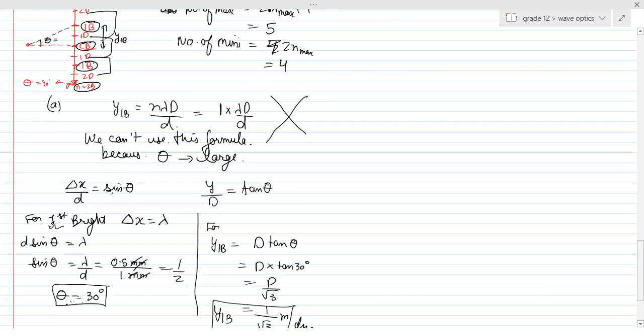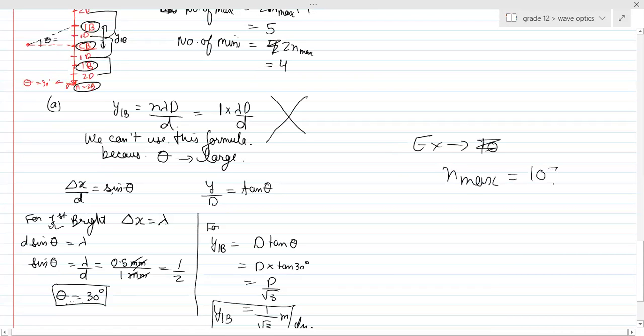See, if n max is 107.69, suppose, so this 69 at the end of the decimal, 108 was never formed, right? So 107 was formed, you are sure shot, at infinity, because this is the maximum possible value.